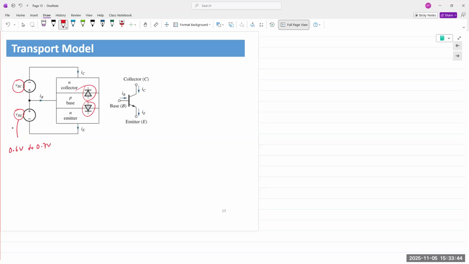We learned about MOSFETs last week, but for MOSFETs, the gate current is again 0. There is no current going into the gate. We are simply applying a voltage in order to create the channel, and that's it. And that's also one of the reasons why MOSFET devices are preferred, because they don't require any current at the gate to actually turn them on.